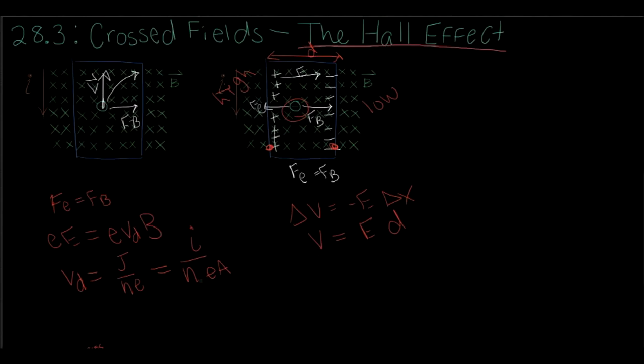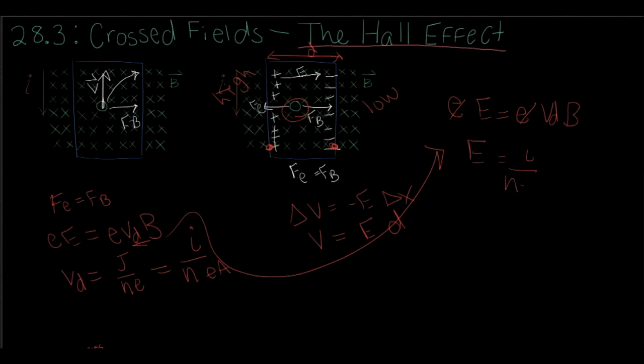After we substitute that in for the original drift velocity, the e's cancel, of course, so you have E equals I over neA over B.